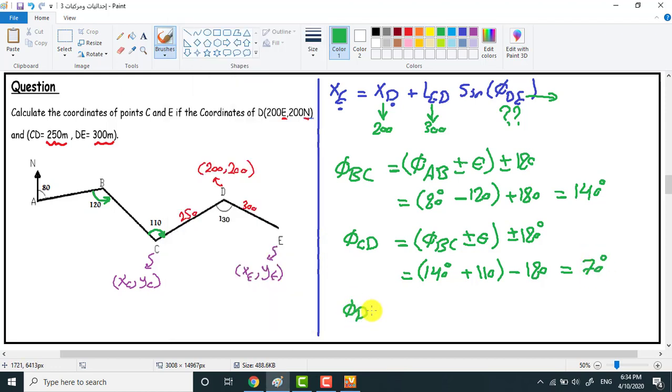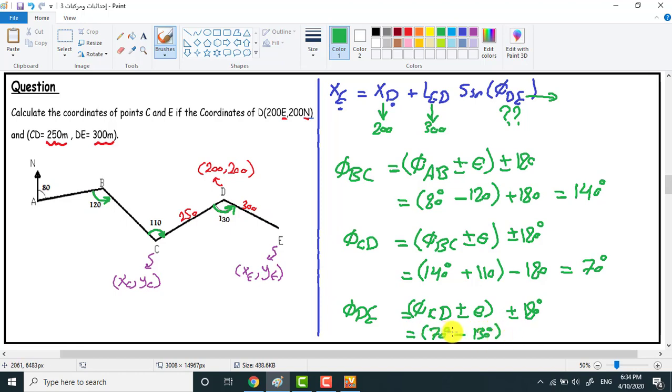Finally, phi DE equal phi CD plus or minus theta plus or minus 180 degree. Phi CD equals 70 degree. The theta on point D, it's measured anti-clockwise, so it will be negative 130 degree.